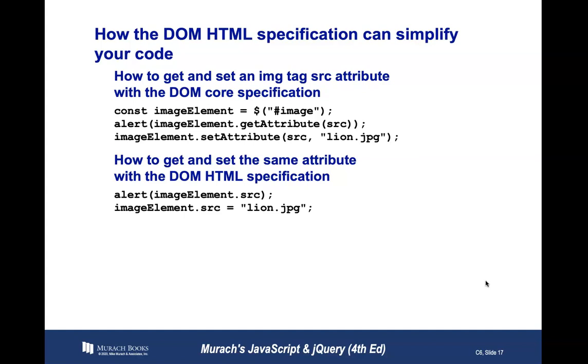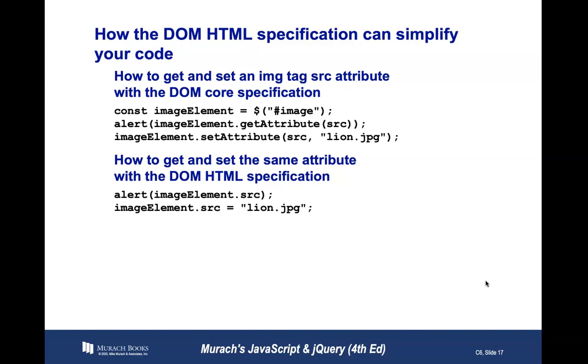So now to the DOM HTML specification. Now what we can do is really simplify our code here. We can get an image tag's source attribute just by using the hashtag image if we do image element. Once we get the ID of an image, which is hashtag image, we can do get attribute source.